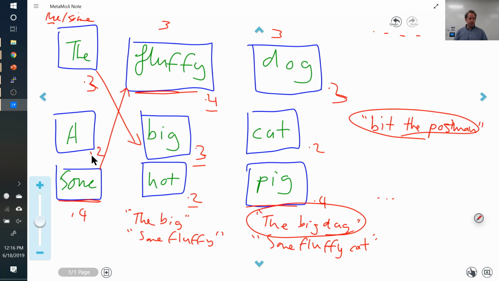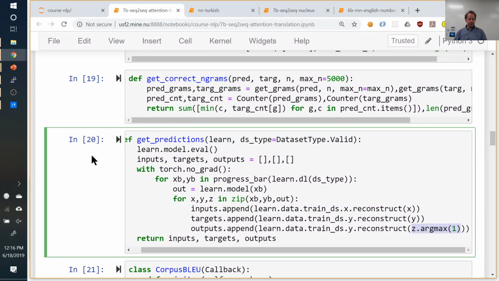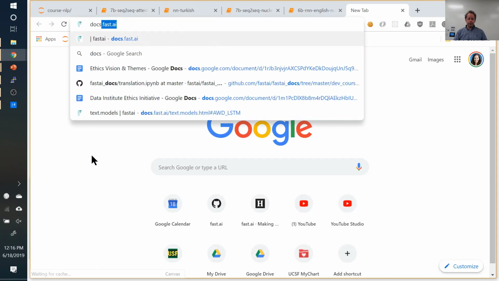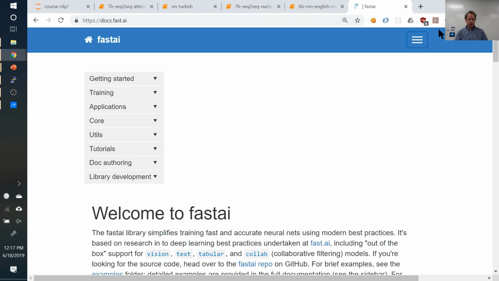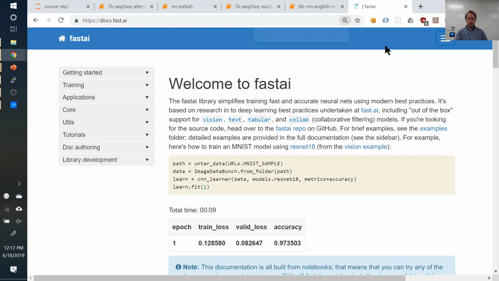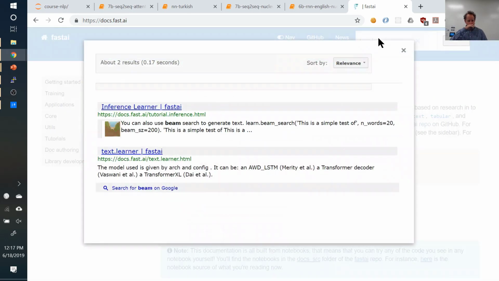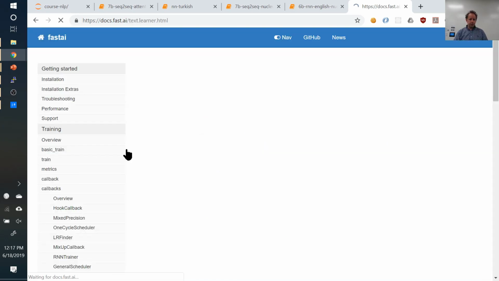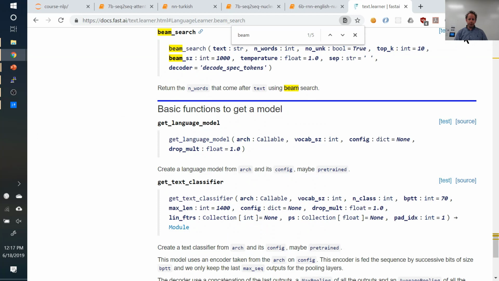Coding this is a bit of a pain, so I'm not going to bother, besides which FastAI already has it. But if you're interested, you can go to FastAI and search for beam, say, and find beam search, and then you can click source code.